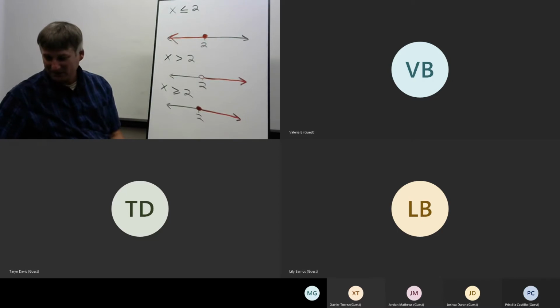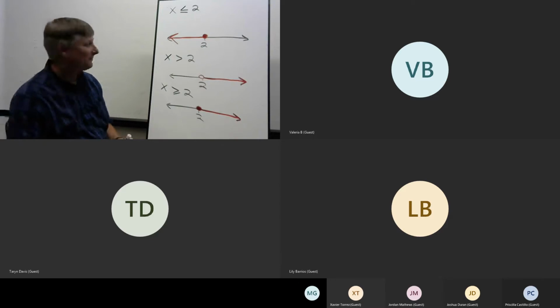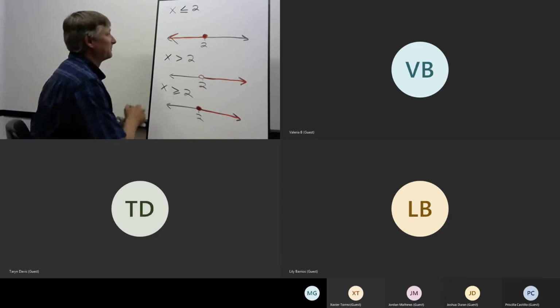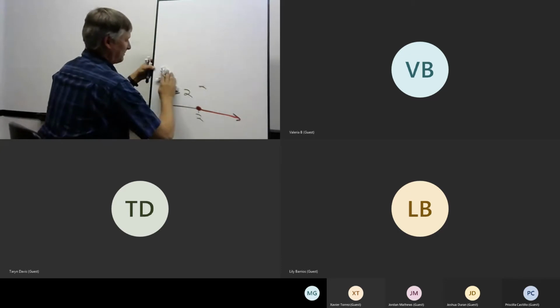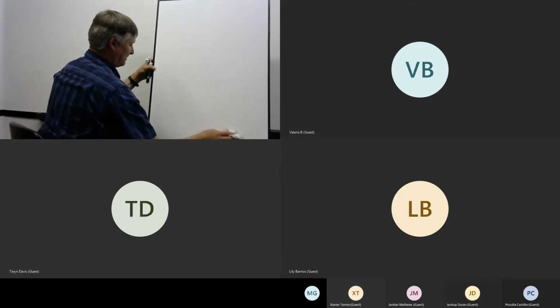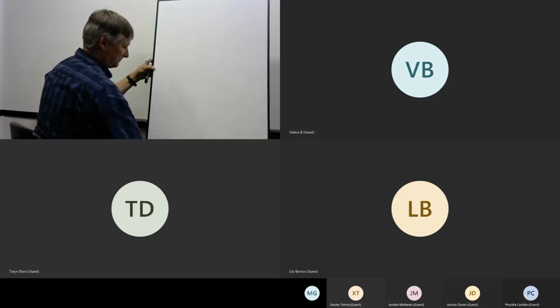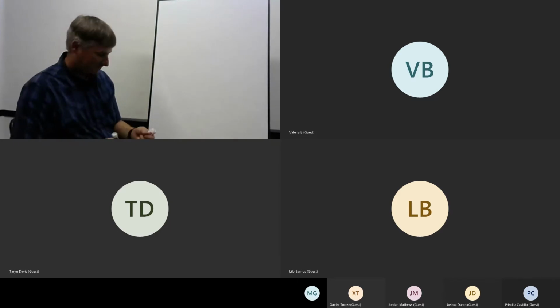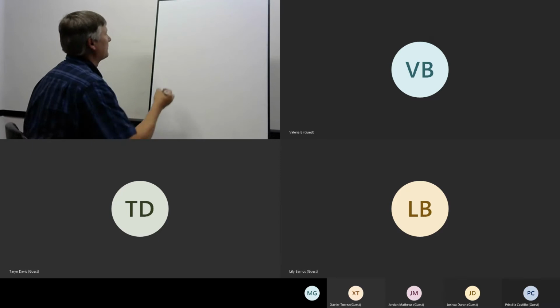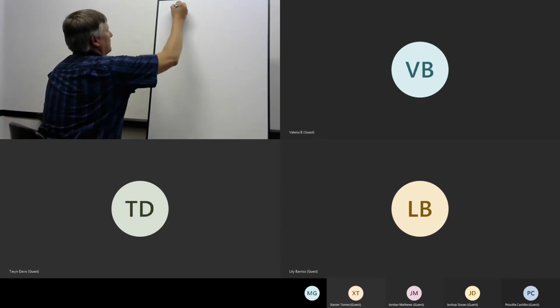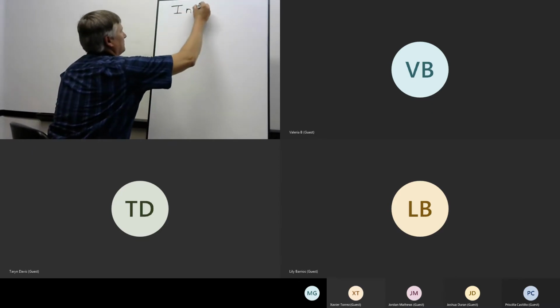Now, in the text, they refer to methods of intervals a little differently. So I'm going to translate over. I'll show you what I mean. Let's say intervals.